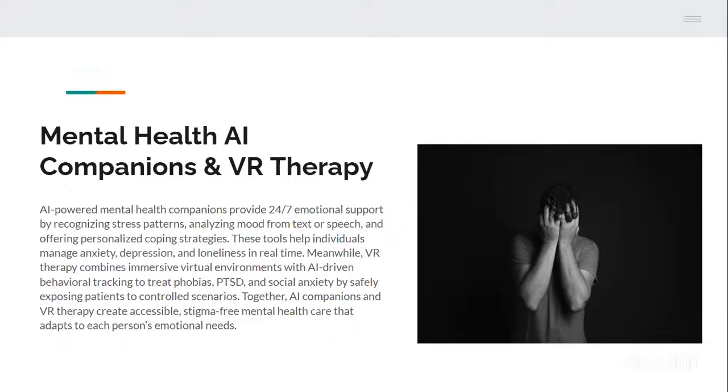Consider a virtual therapist talking to you, but it is not a human, so you can tell more personal things, which you can't tell to a therapist. It can be a companion and emotional support. Here, the AI can analyze eye movement, heart rate, voice tone and body posture.